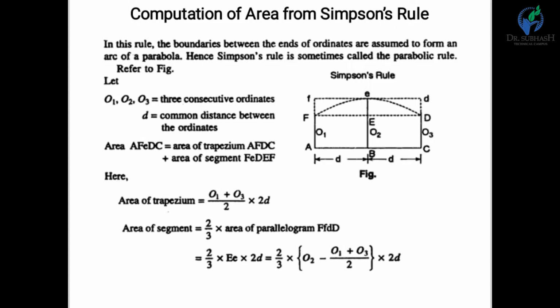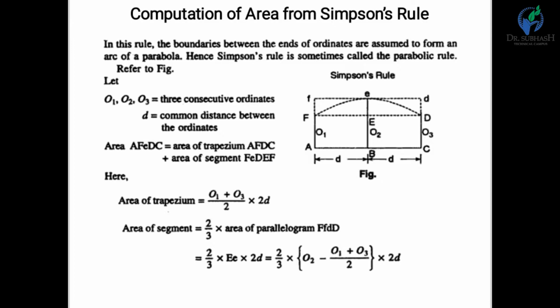D is the common distance and AFEDC is the area of our figure. Area of trapezium AFDC plus area of segment FEDEF. So the area of the trapezium is equal to O1 plus O3 by 2 into 2D. That is the common formula for finding the area of a trapezium.